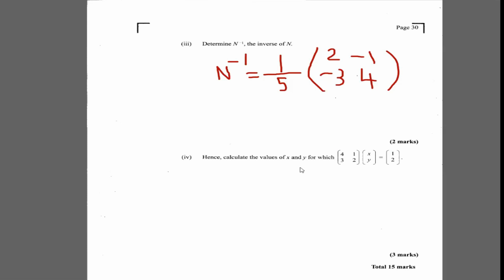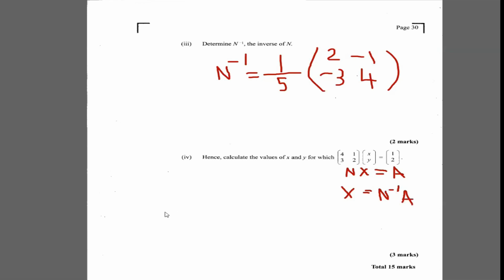Then it says, hence calculate the value of x and y for this here. So what we have right here is N, so we really have the matrix N times some unknown matrix X equal to some result, let's call this A. So if N times X equals A, we can pre-multiply by N inverse to get X is equal to N inverse times A. So what is that saying?